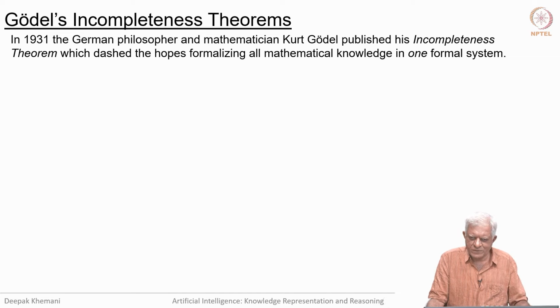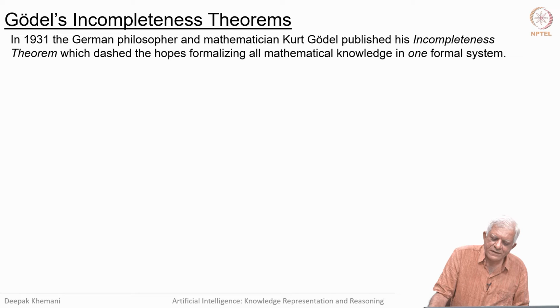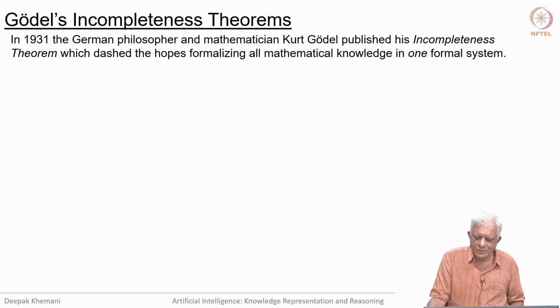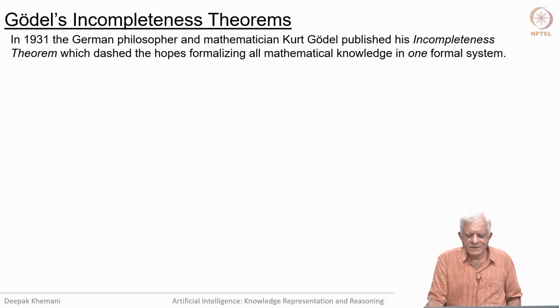We will not have time to go into the intricacies of Gödel's incompleteness theorem, because first of all it does not apply to first order logic, and we are interested in first order logic because most of the stuff that we are doing is in first order logic. It applies to systems which are more expressive or more powerful than first order logic, but it says that you cannot formalize everything into one large axiomatic system.